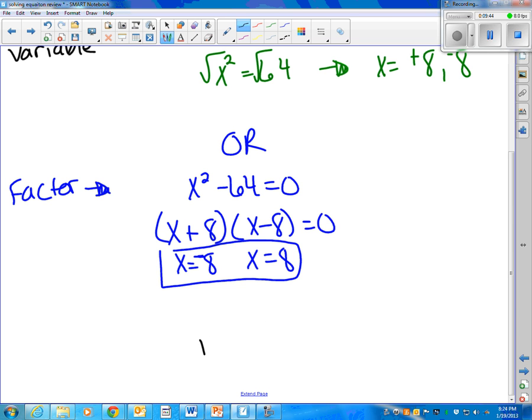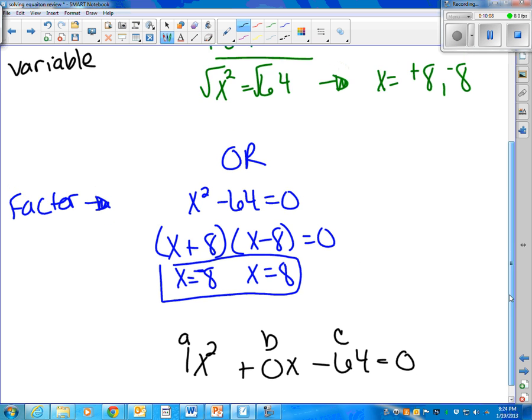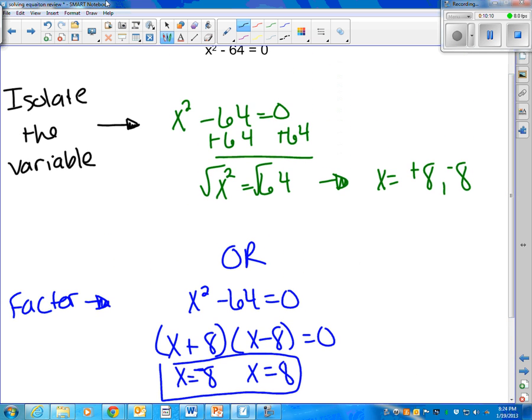Just to show you how it ties together, there's x squared, 0x, minus 64. Your a term is 1, your b term is 0, and your c term is negative 64. If you did that in quadratic formula, you'd get the exact same answer. Whichever way is easiest for you to work.